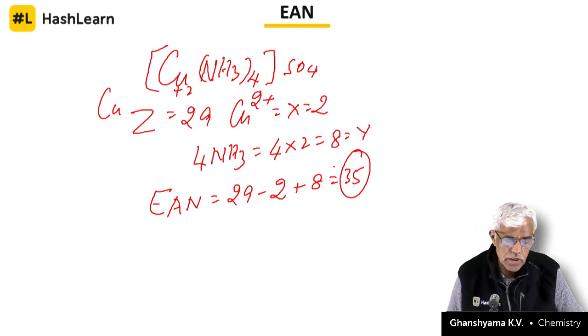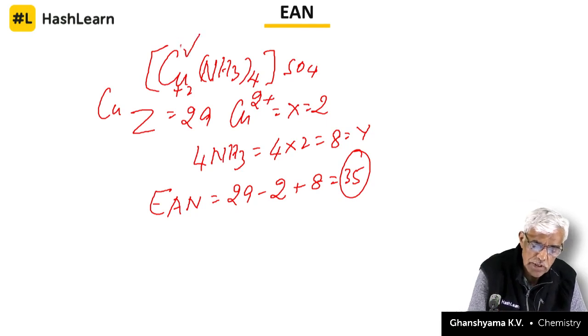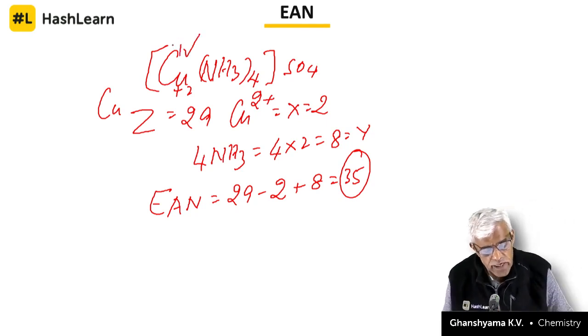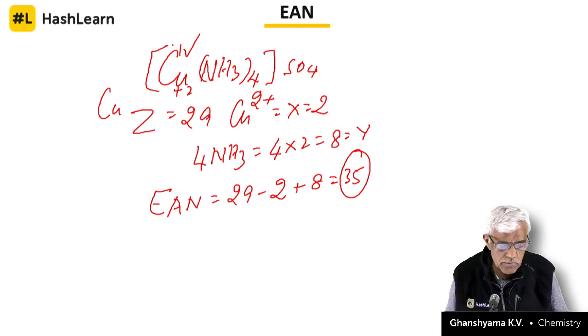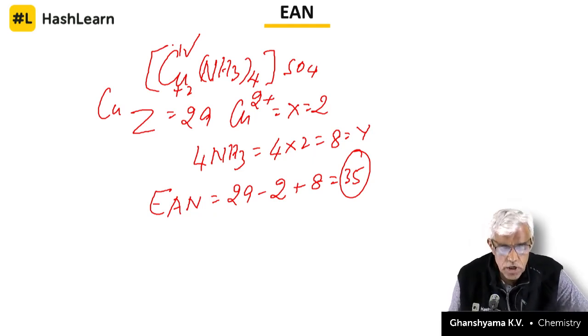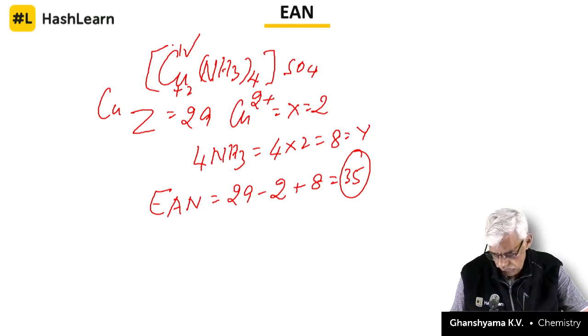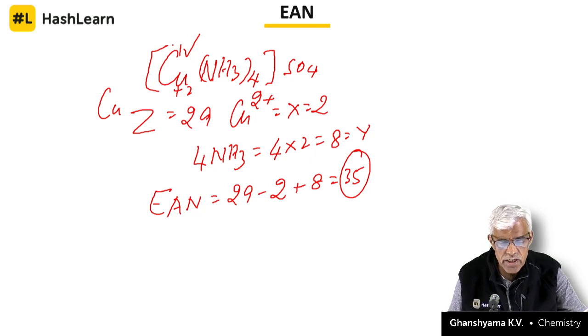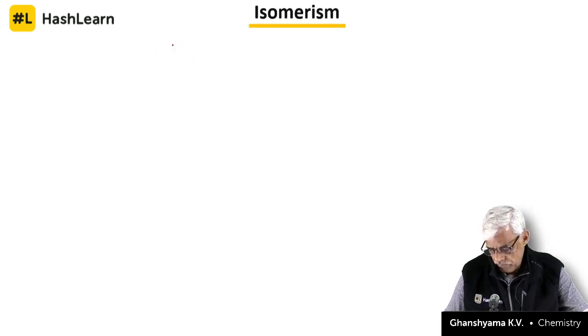The purpose of accepting the electron from the ligands by the central atom is to attain the electronic configuration of the next noble gas atom. Okay, right. This is EAN, Z minus X plus Y.